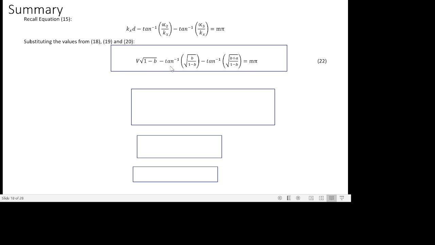And this equation 22 will be the one to be used for all the waveguide problems for modal analysis. The asymmetry factor here will be divided into two forms, one for the TE modes, another for the TM modes.